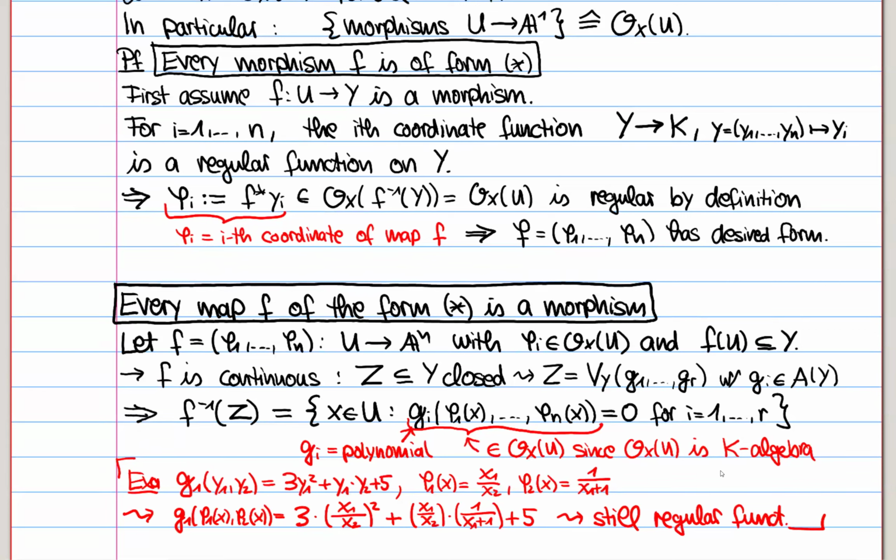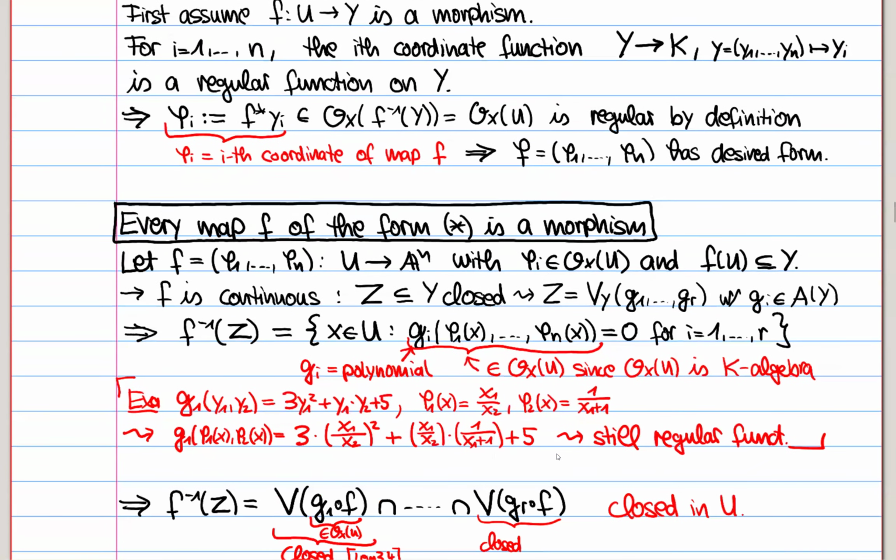And plugging this into a polynomial just means you start multiplying them with each other, and then maybe also multiplying them with the coefficients of the polynomial, and then maybe adding a bunch of these things up. But all of these operations preserve regular functions, both multiplication with elements of K, and addition. And so this here is still a regular function.